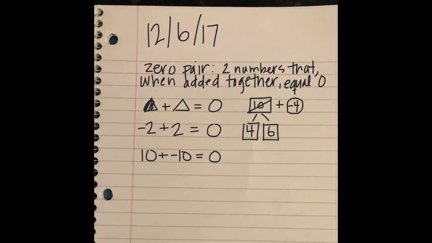Now what I've got added together is 4 plus 6 plus -4. And I know that this +4 and this -4 cancel one another out. So I am able to cross those out, and I'm left with 6. Let's take a look at what that is going to look like in your equations.